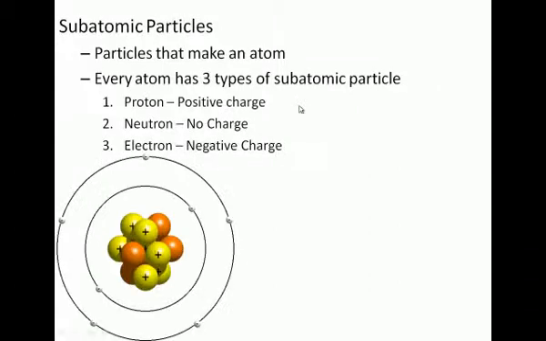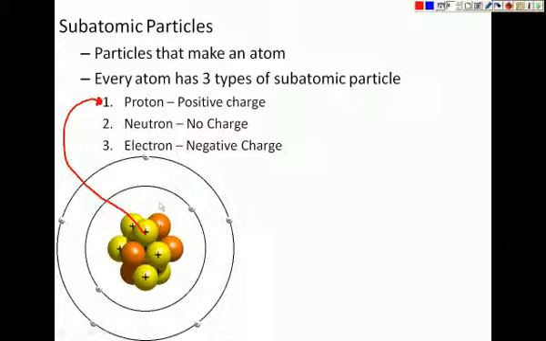So here is a picture of an atom, and we can see the 3 types of particles. We can see protons right here. Here are protons, and they have a positive charge. That's why we can see the plus.